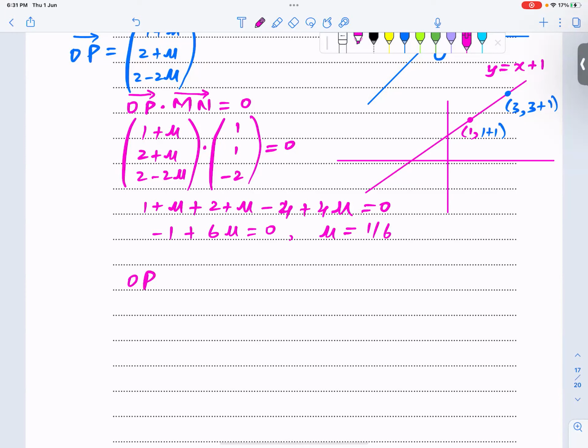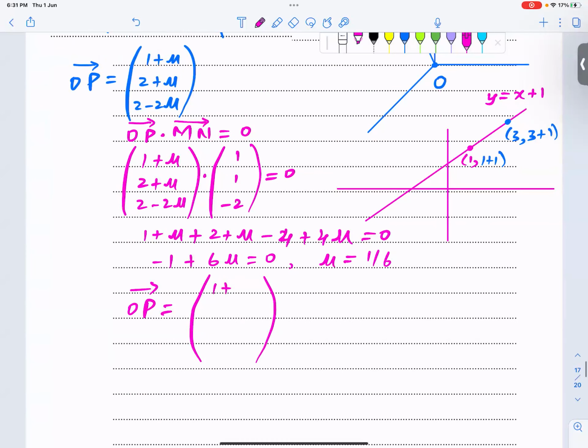Put this value above to get your required point. So 1 plus 1 over 6, 2 plus 1 over 6, and 2 minus 2 by 6. So this will be 7 over 6, 13 over 6, and then 10 over 6.